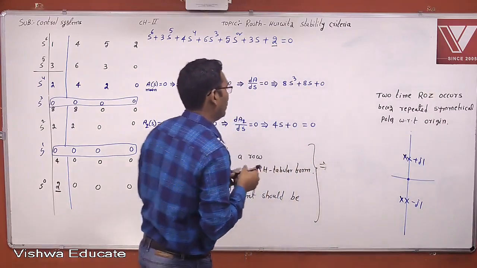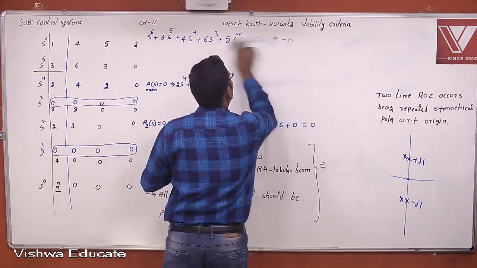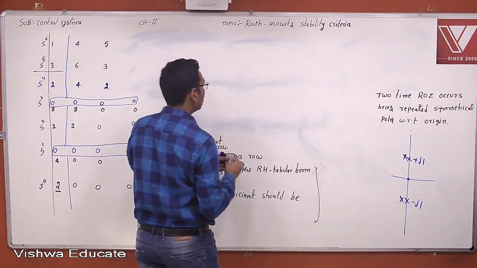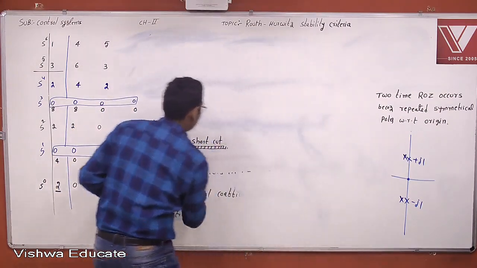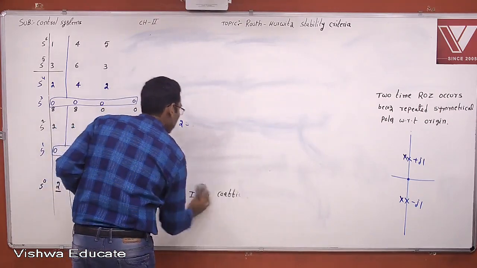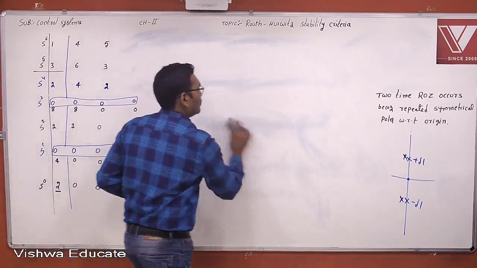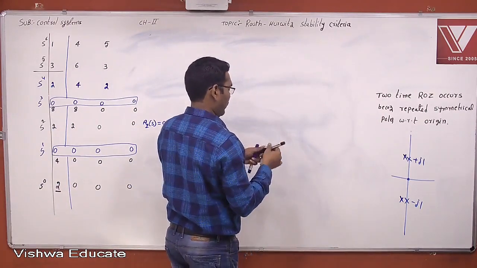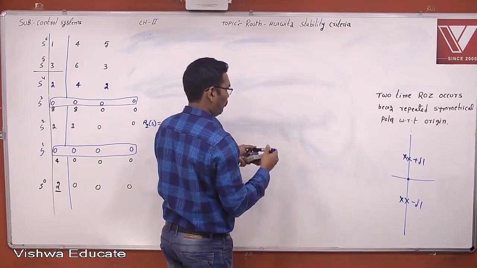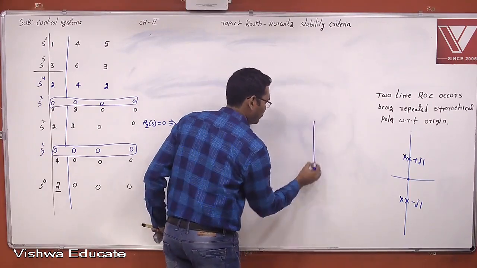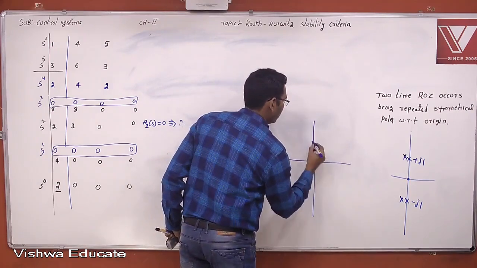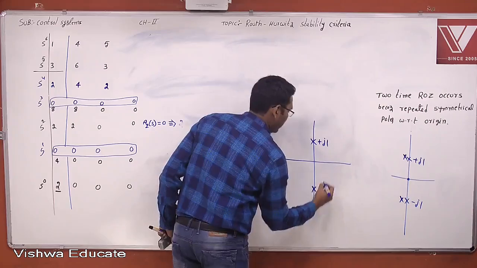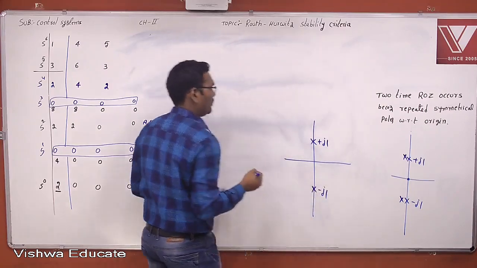This is one example. Now I give another example: +j1, -j1.